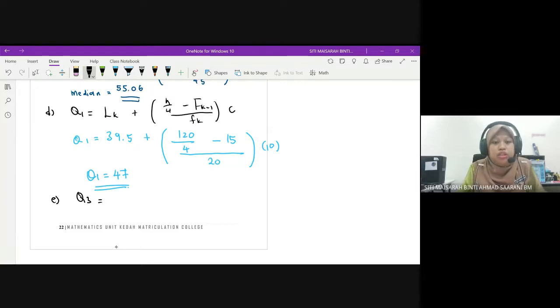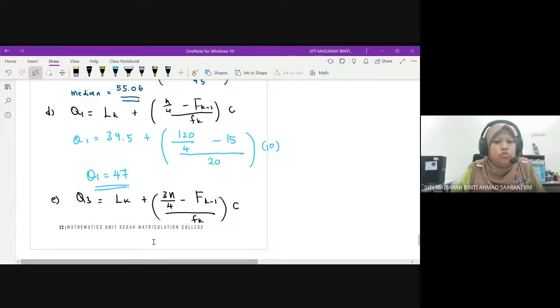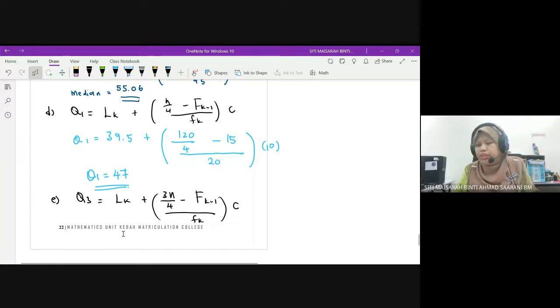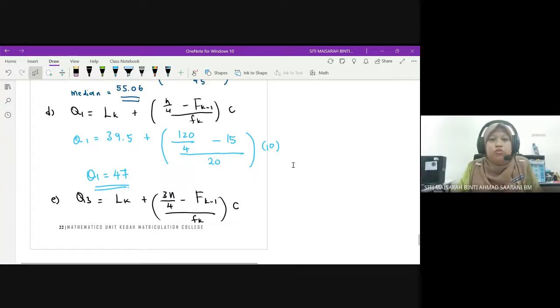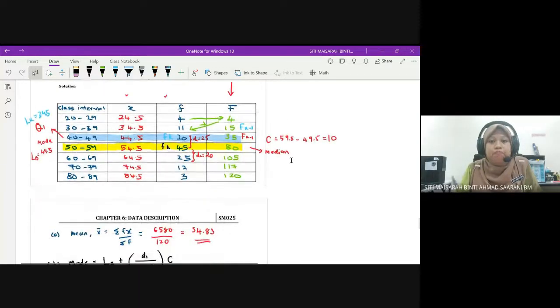So Q3 is equal to LK plus 3n/4 minus FK minus 1, over FK, multiplied by C. Which row for Q3? 3/4 times 120, we get 90. Which row is 90? 90 is the fifth row.